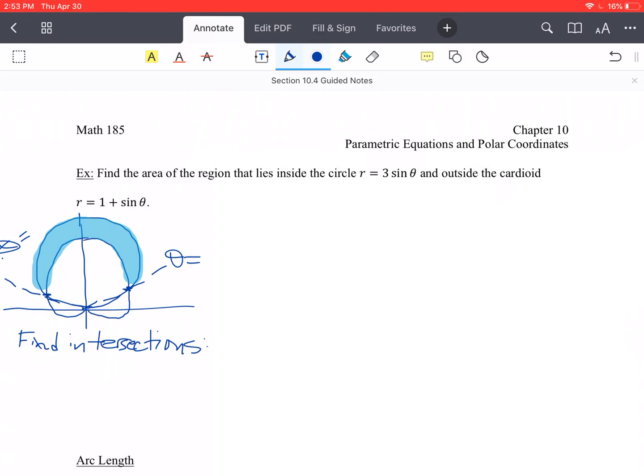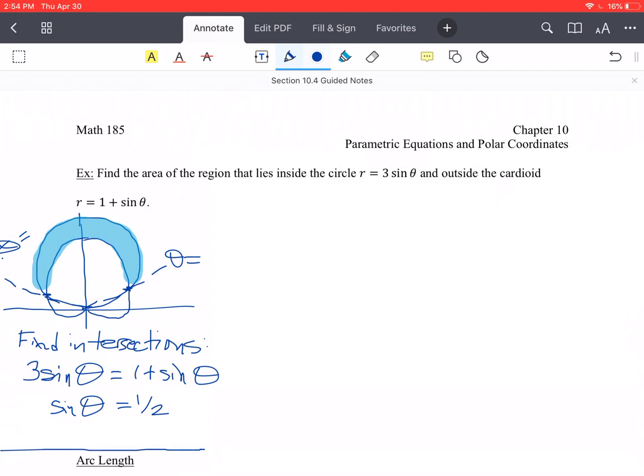So to find intersection points, this is not always easy with trig, especially because you get a lot of possible combinations of points and values, right? Because theta and r, theta can give you a lot of different values that all correspond to the same points. This one's not too bad. We need to set these equations equal to each other, so we get 3 sine theta equals 1 plus sine theta. Subtract the sine, we get 2 sine theta equals 1, so sine theta equals 1/2.